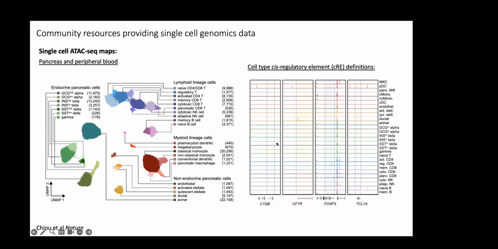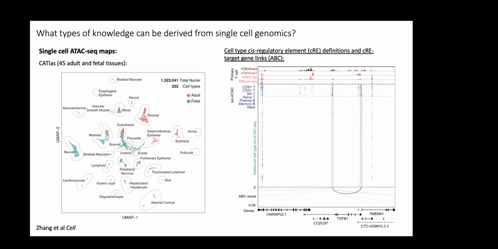On the right here, this is showing tracks which represent each of the different cell types, which is on the left here, and the chromatin profiles for each cell type, where cis-regulatory elements are defined individually for each cell type. So you get definitions of where these regulatory elements are located in each individual cell type.